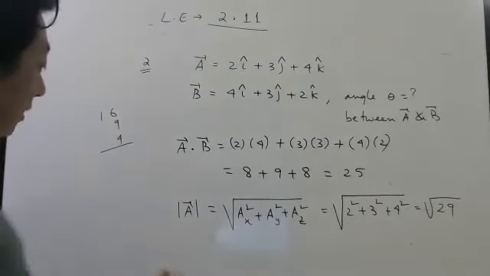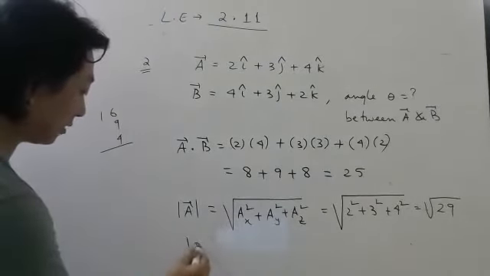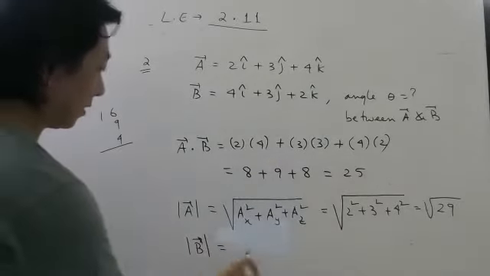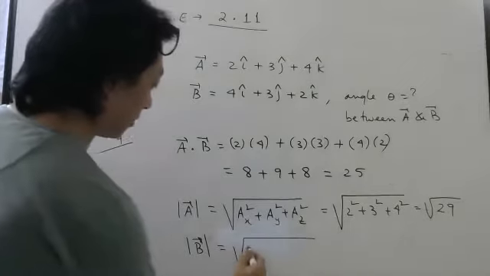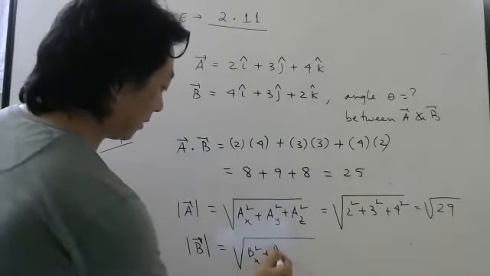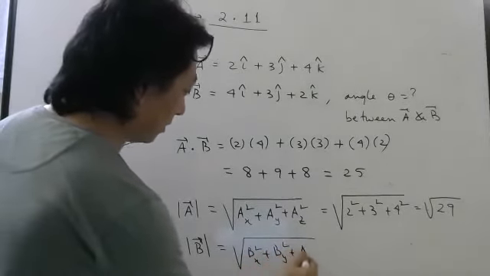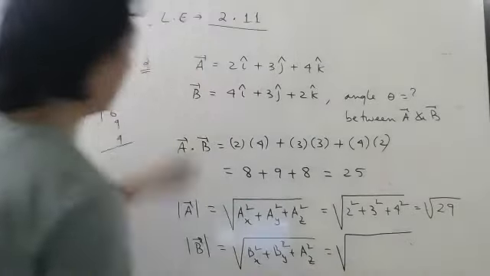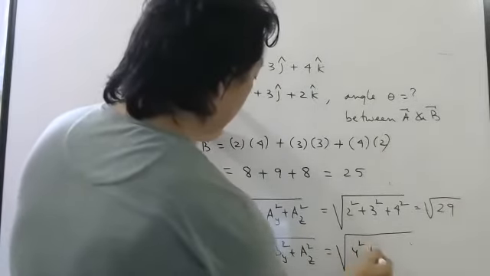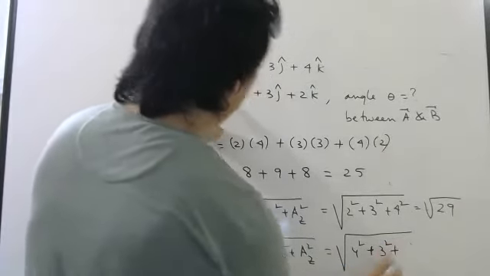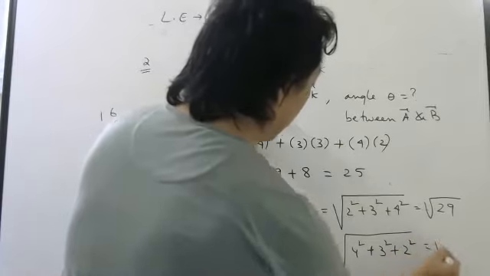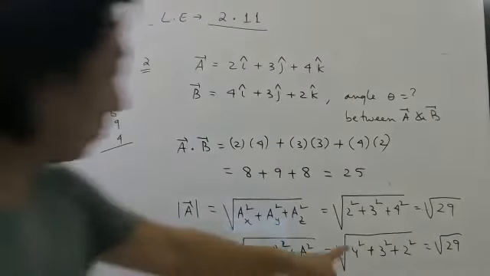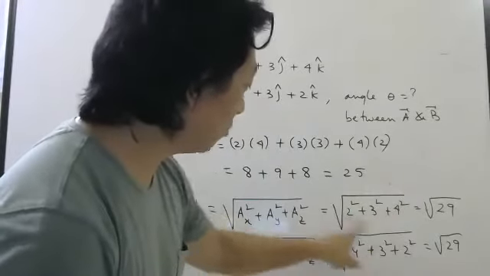Modulus of B bar you find. Root over bx square plus by square plus bz square. Root over 4 square plus 3 square plus 2 square. It will also come root 29. Same only it will come because this 4 square here, 3 square here, 2 square.